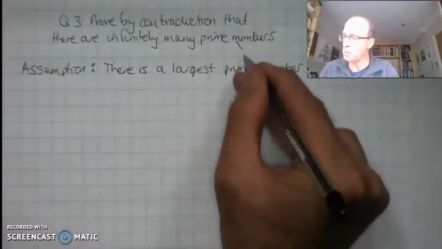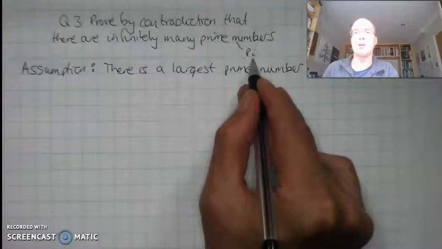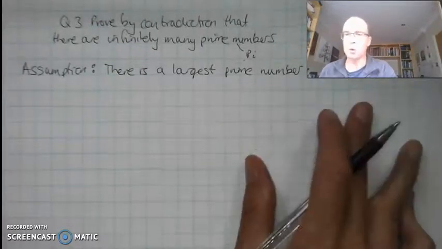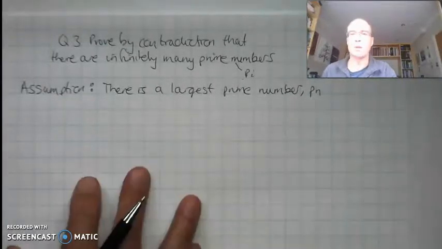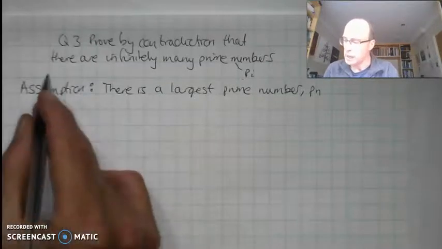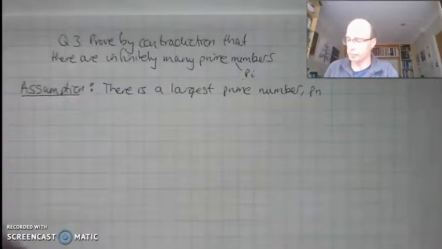I'm going to call my prime numbers Pi. So P1 is my first prime number, P2, P3, and all the way up to my largest prime number, which I'm going to call Pn. So I've got n prime numbers, Pn is my largest. So that's my assumption, and that's what I'm trying to contradict.